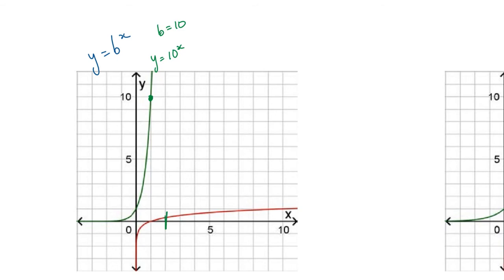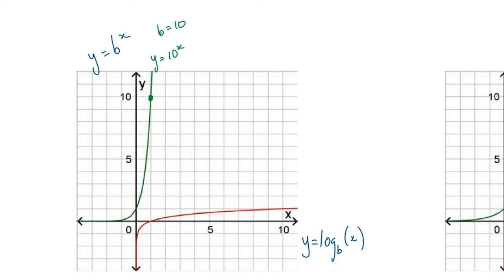Okay, this red graph is the inverse of the other one, and we learned what inverse means, and so this one is going to be y equals log base b of x.